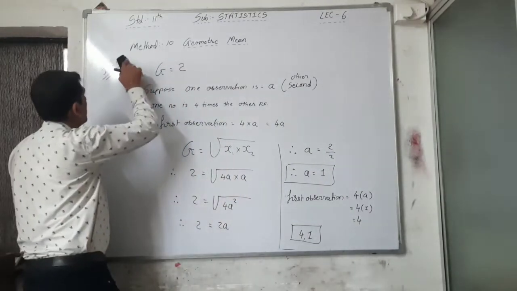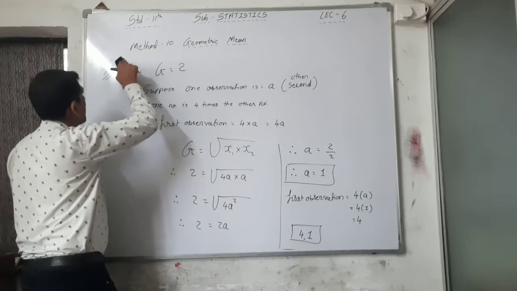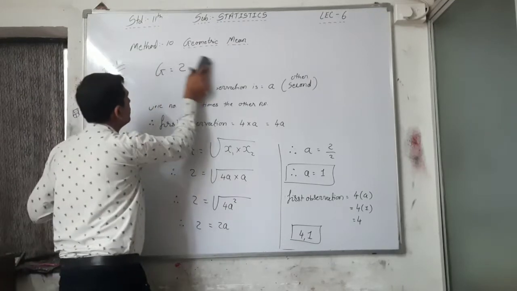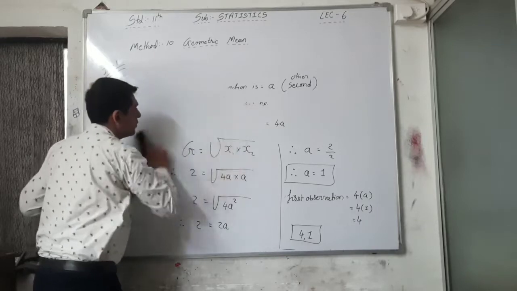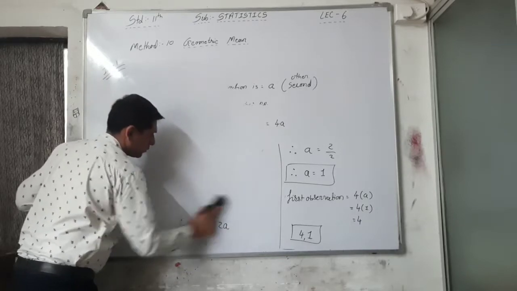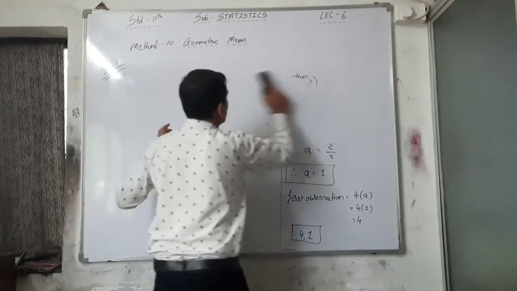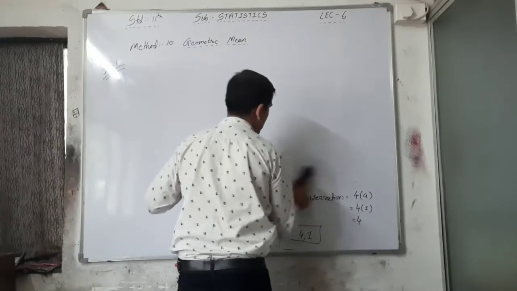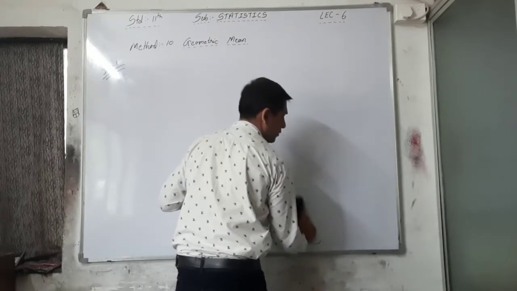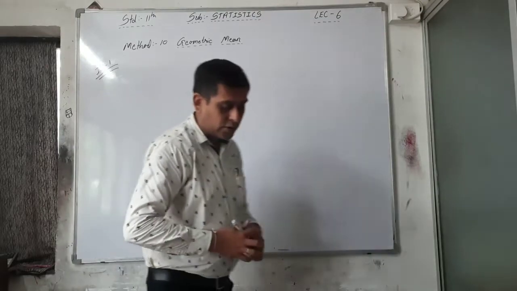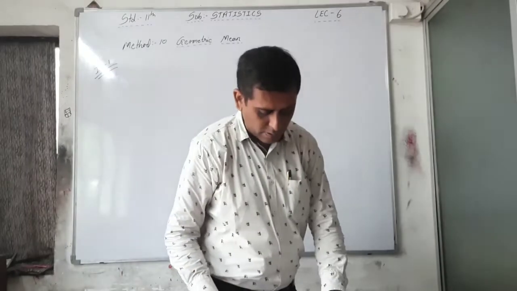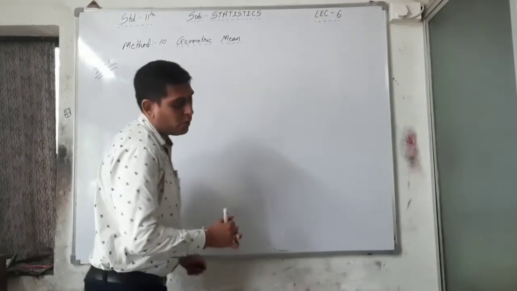Okay, I am writing the next example and explaining it to you. Illustration 16. Find the arithmetic mean and geometric mean of two numbers.